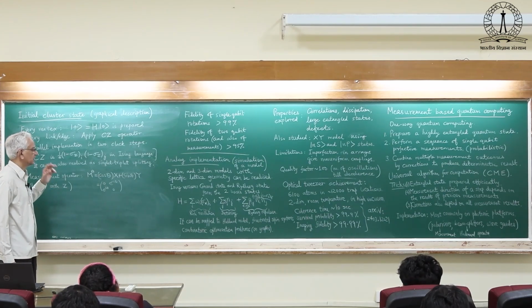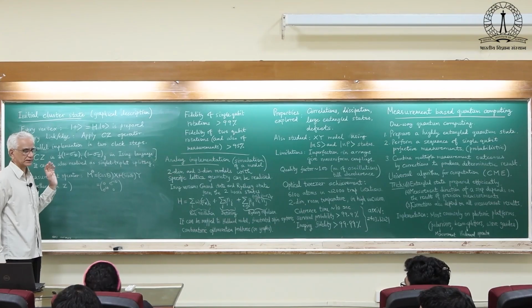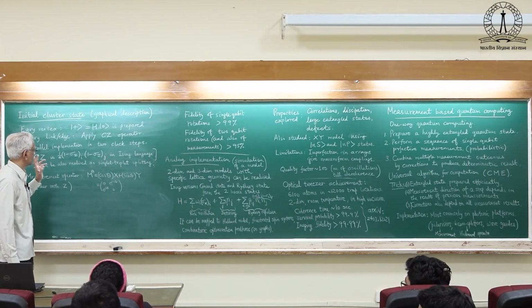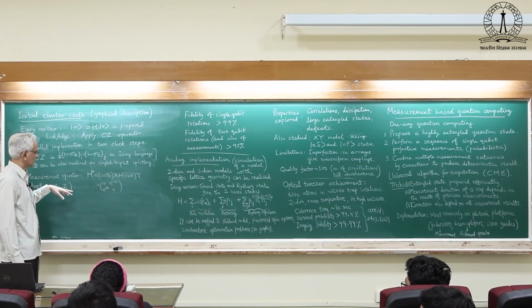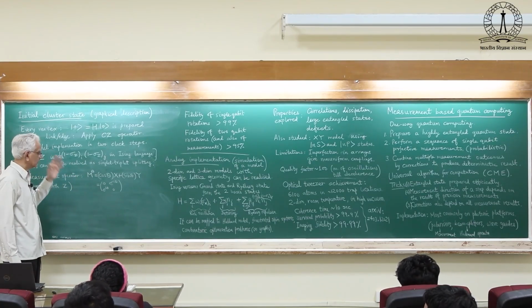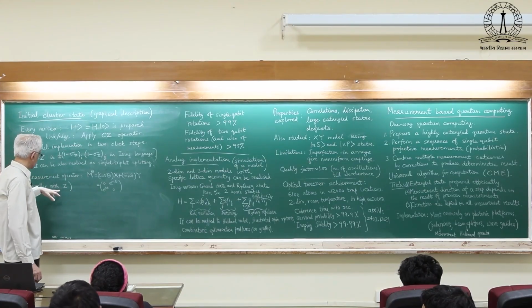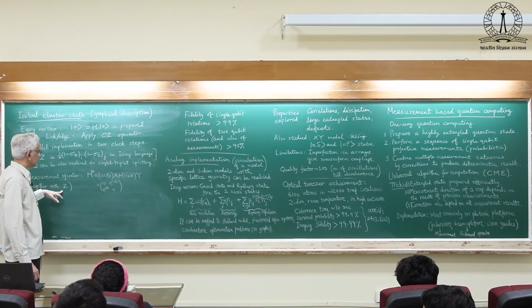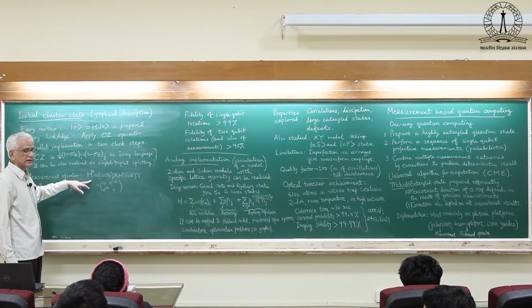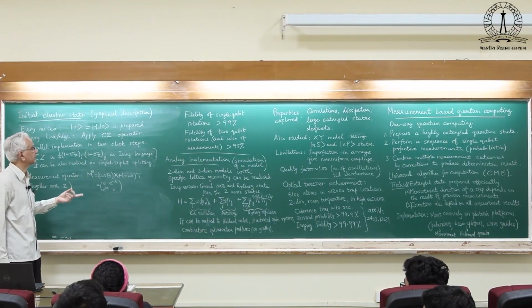The point is that this is sufficient for a universal setting, because remember whatever we used in NMR, it's quite similar. You have the operation along z and operation in the xy plane, single qubit operation.